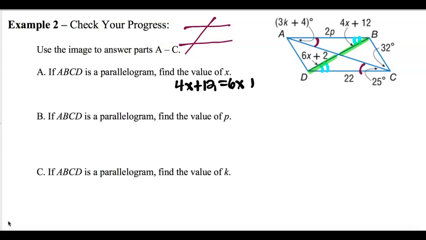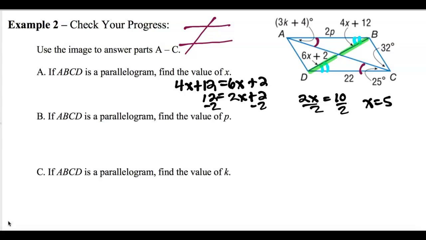If we subtract 4x from both sides, we would get 12 equals 2x plus 2. We then subtract the 2 from both sides, and we get 2x is equal to 10. Divide both sides by 2, and we get x is equal to 5.